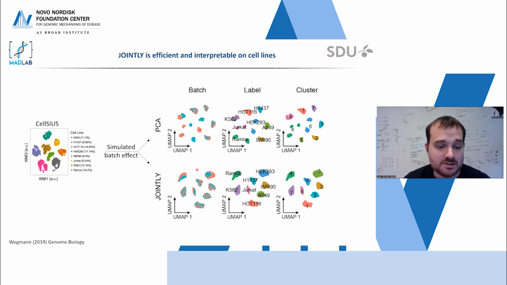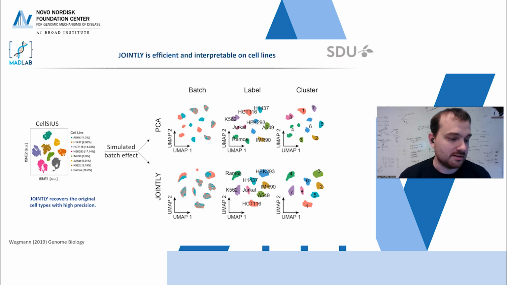It seems that jointly is not forcing cells on top of each other, but it's minimizing the distance between related cells. And that's actually quite substantial in reducing overcorrection. So we're quite certain that in this data set, at least, jointly can recover the original cell types with high precision.